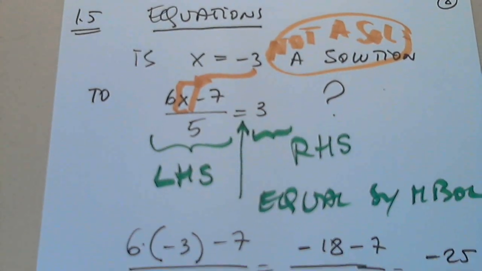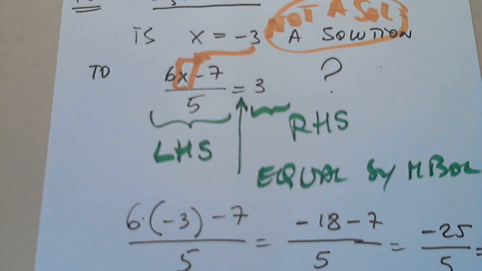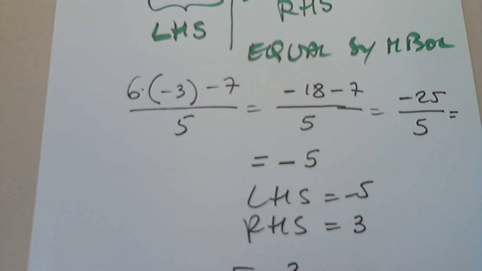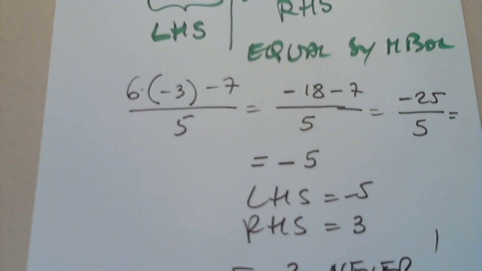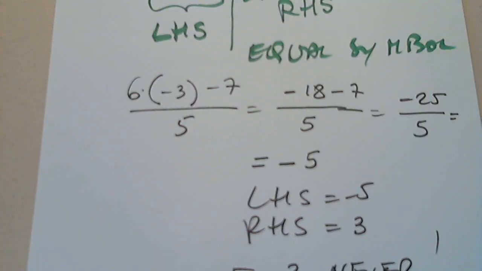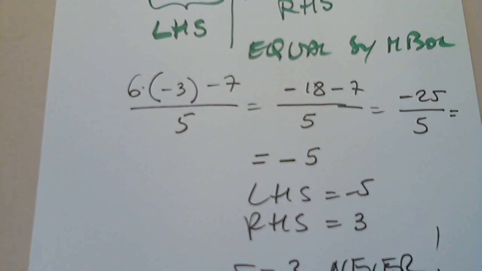I checked because I got a false statement. What false statement? I got that negative 5 equals 3. Never. This is not true. I got a false statement. Because I got a false statement, negative 3 cannot be a solution to the given equation.